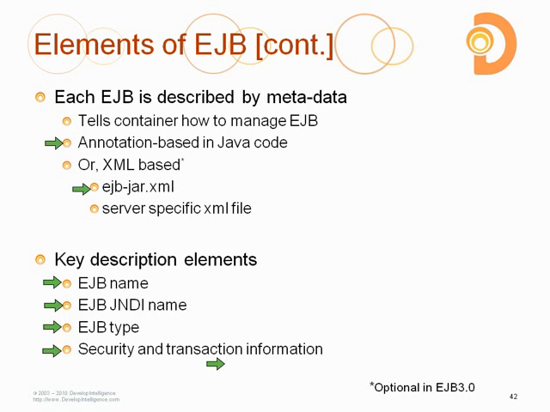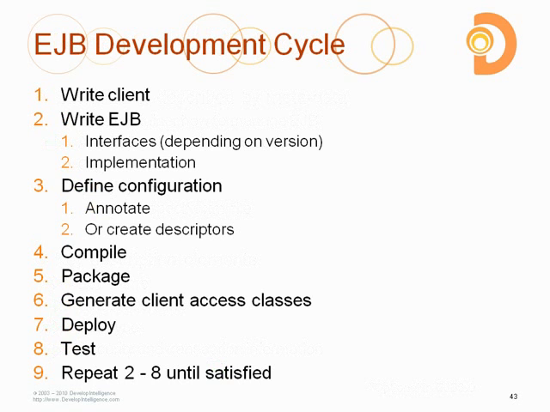The EJB type is going to be the interface that the class implements, so the business interface, in other words. By default, there's going to be no real security, but there's going to be container managed transactions. So if I don't supply metadata, the container is going to do some intelligent defaults for me.